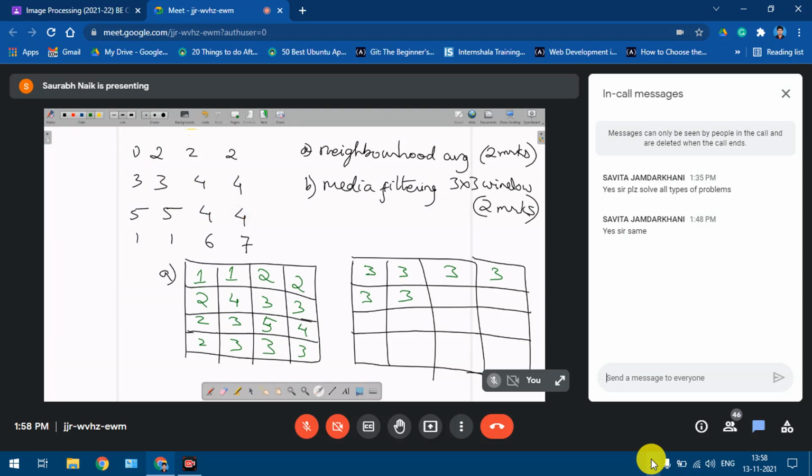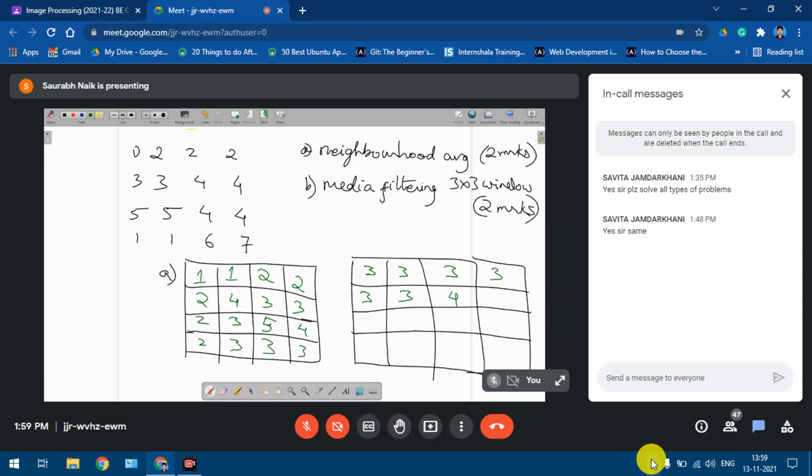So if you just try to count, since you have 9 values, your median will be the 5th value. This will be first, second, third, fourth, and 5th. Then you can go 6th, 7th, 8th, and 9th. So 4 was your 5th value. That is going to be your median.